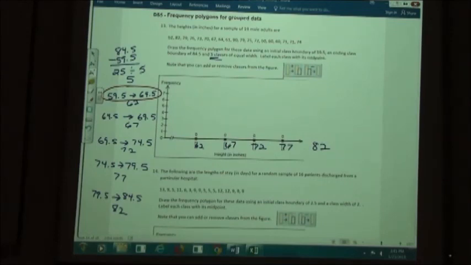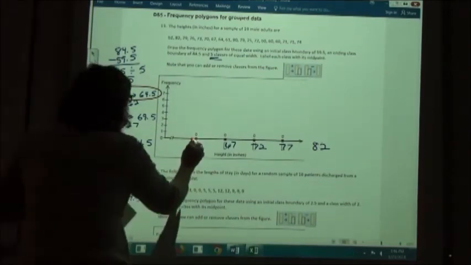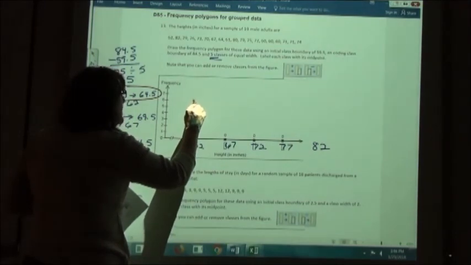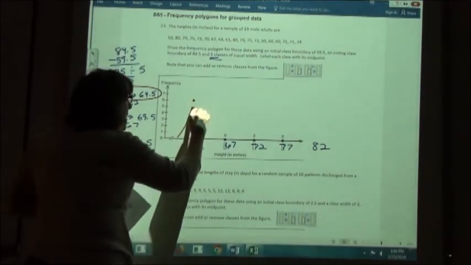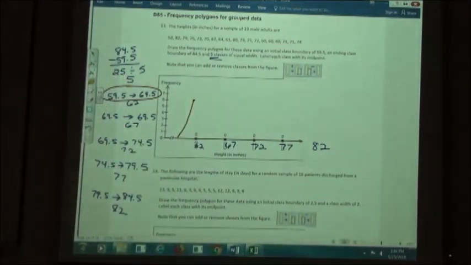So from here to here, I've got 1, 2, 3, 4, 5, 6 of them, right? So we're going to pull it up to the 6. There's actually going to be a line that comes up, and it's going to connect that to the 6.